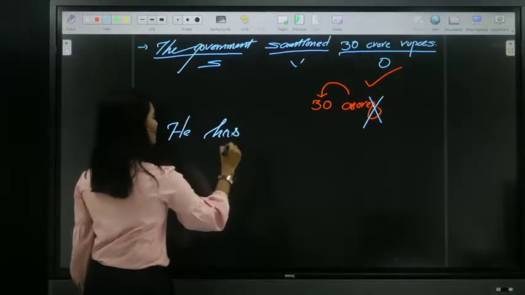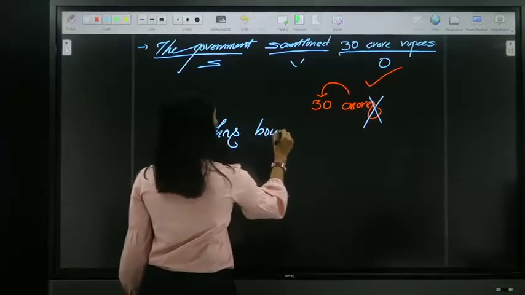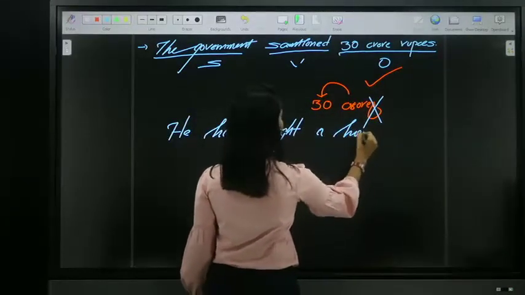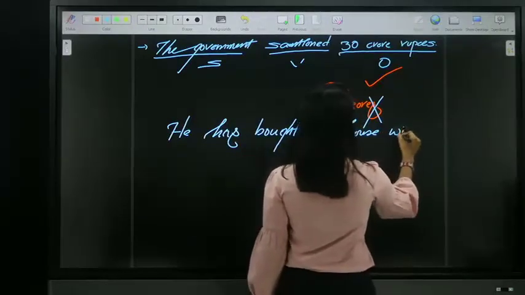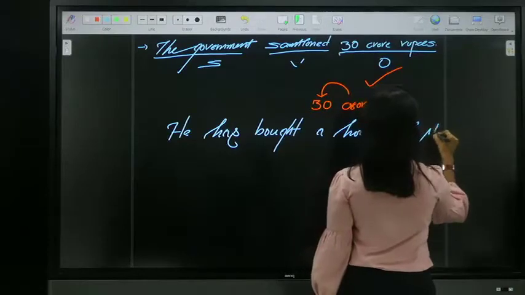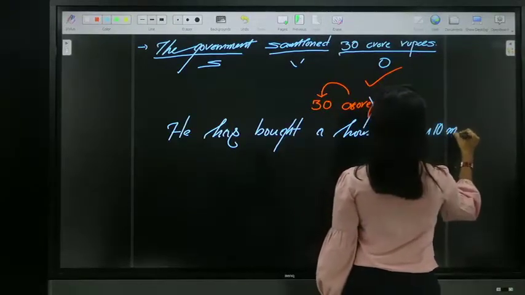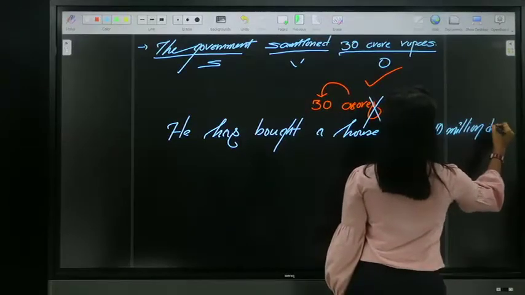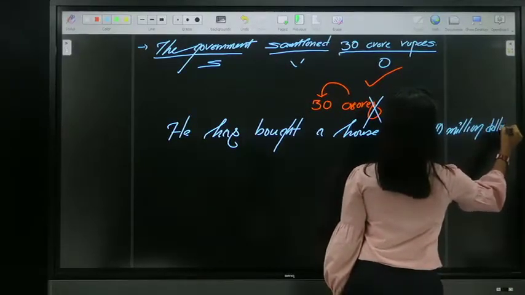Let me give some examples here. He has bought a house with 10 million dollars.